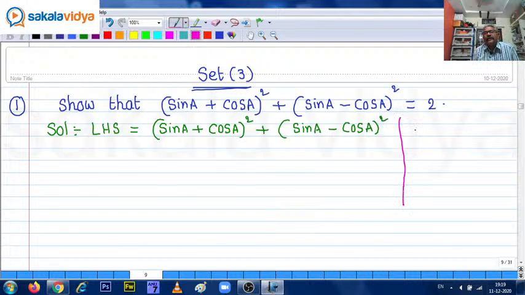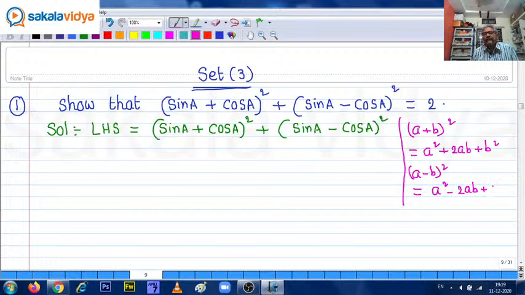One is A plus B whole square equals to A square plus 2AB plus B square. A minus B whole square equals to A square minus 2AB plus B square. So using these two formulae, this problem can be solved.